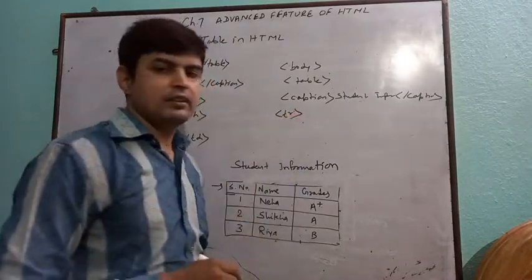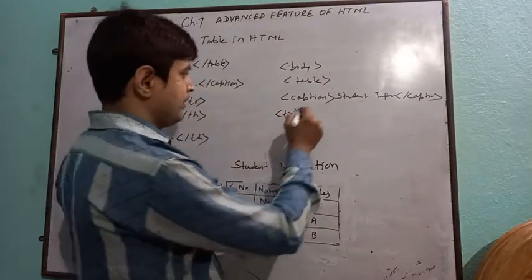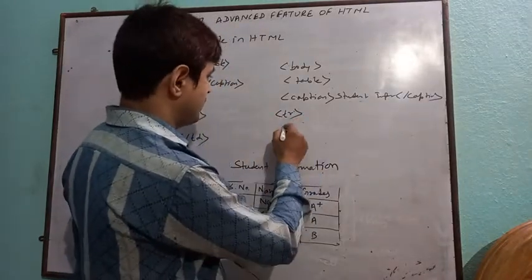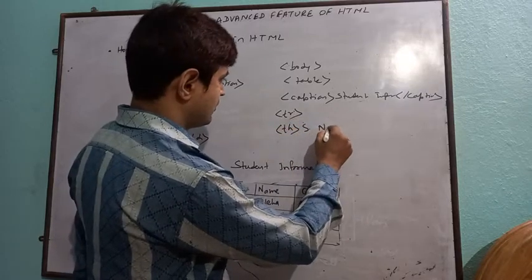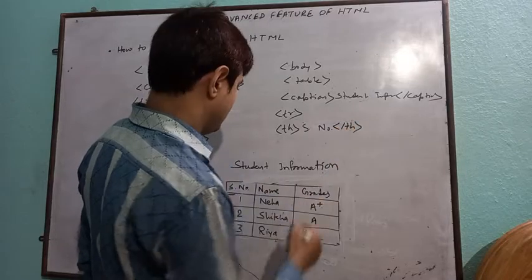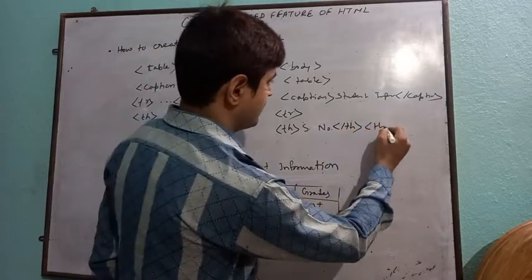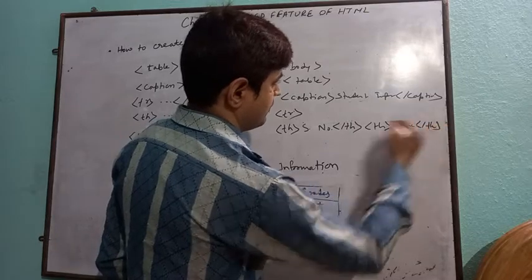So first define the start row tag, that is the tr tag, and under this we will use table heading serial number, close table heading. Now next table heading name, close table heading, and so on.